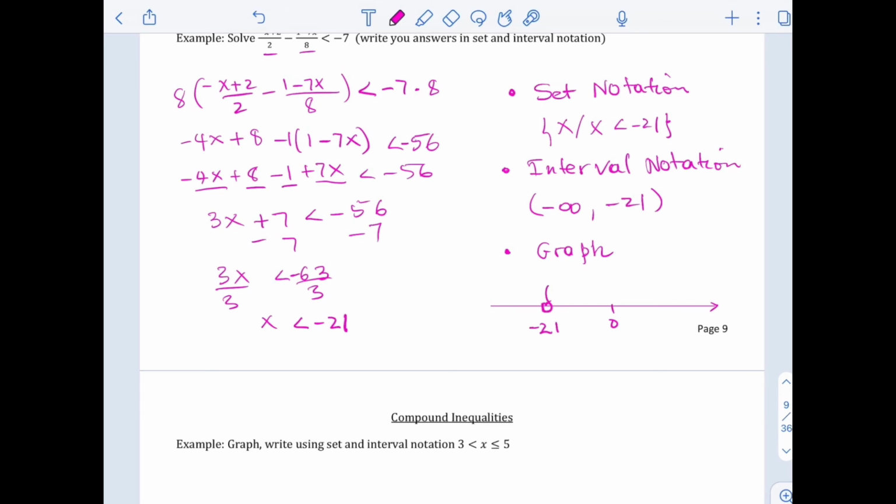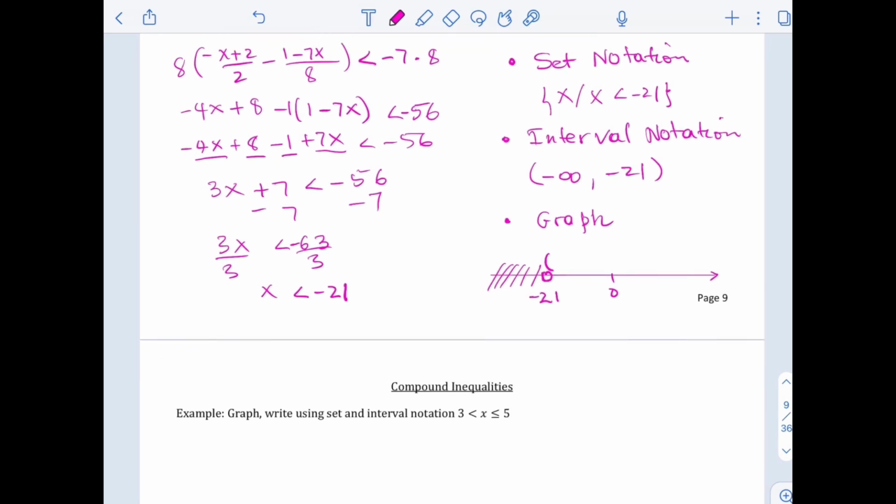It can be either parenthesis or open circle, and then you're going to make sure you shade the left side because it's less than. So that's going to be for any inequalities that have one inequality sign.